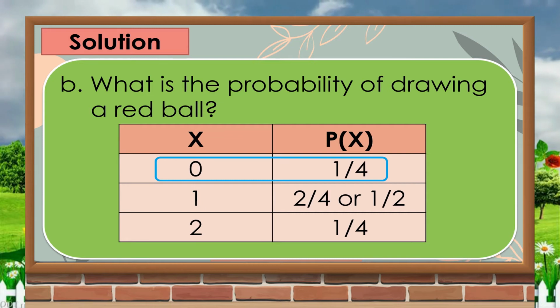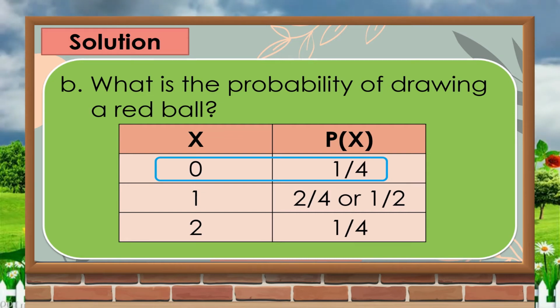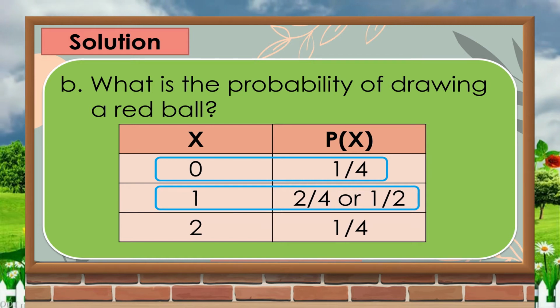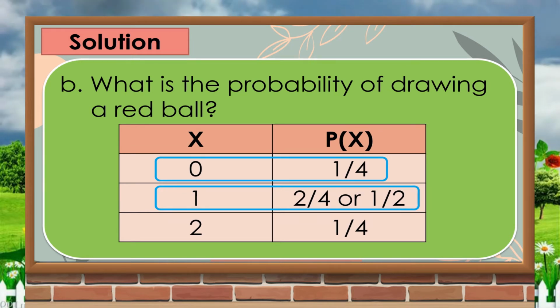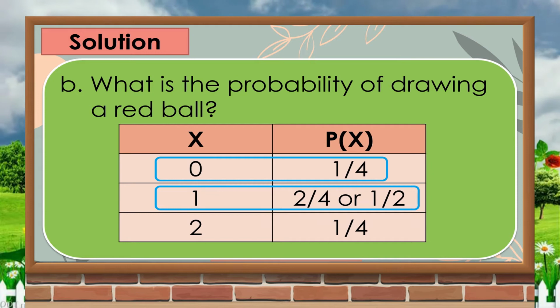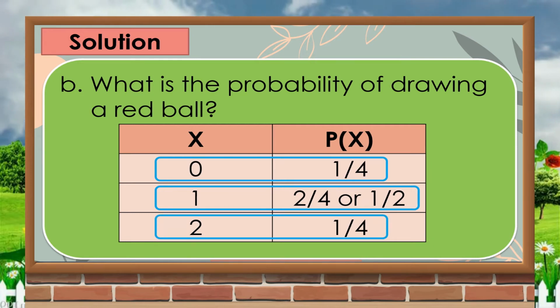If you draw a red ball, which represents x is equal to 1, then the probability is 2/4 or 1/2, which was shown when you draw a first red ball and a second yellow ball, or a first yellow ball and a second red ball. If you draw two red balls, which represents x is equal to 2, then the probability is 1/4.